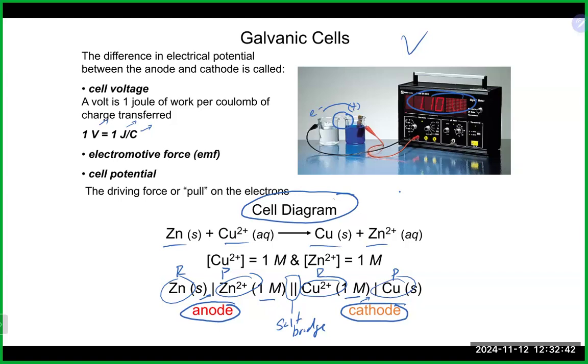Other things that you may see in there as well is sometimes there is no solid electrode that you could use. So maybe you're doing something with hydrogen gas, which clearly there is no hydrogen solid that you could use. So sometimes inert metals like platinum are used in place of a solid piece that acts as the electrode.